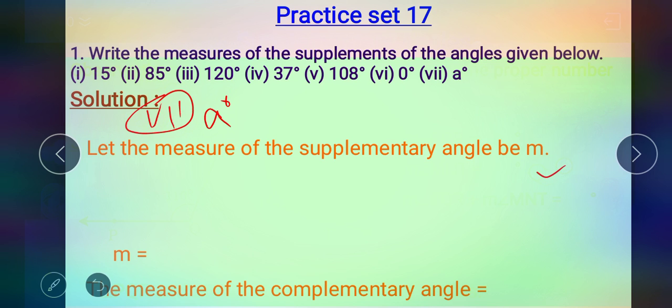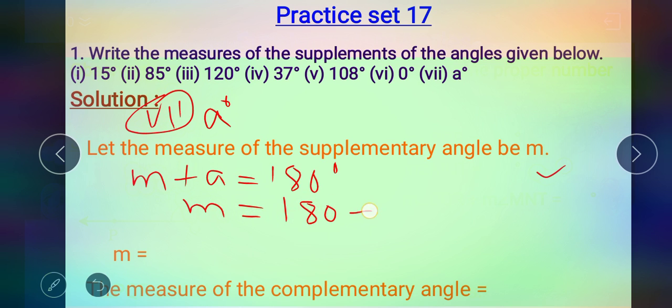Let the measure of the supplementary angle be m. Now the addition, m plus a, must be 180 degrees. Why? Because the two angles are supplementary, so their addition must be 180. Now what will we do? We'll change the side of a. Here a is added, m plus a.